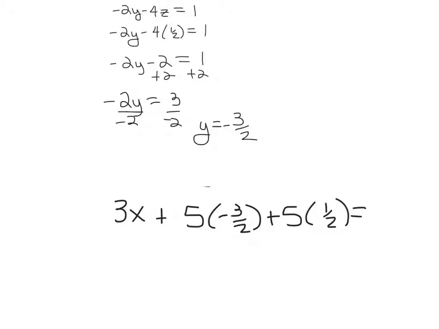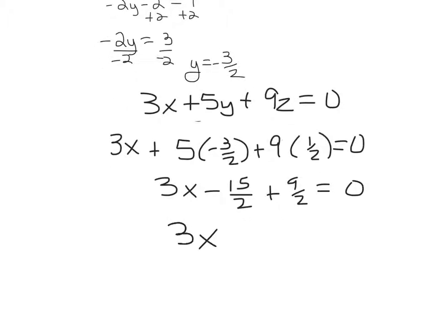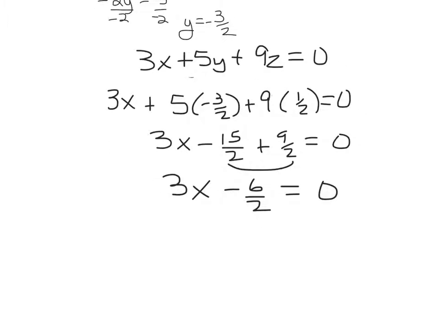So the second one was 3x plus 5y plus 9z equals 0. And I need to change this to a 9 also, because I saw it equaling 0, so I thought that would be easier. So 3x minus 15 halves plus 9 halves equals 0. 3x, and when I add these two, I get negative 6 over 2, which is going to be negative 3.